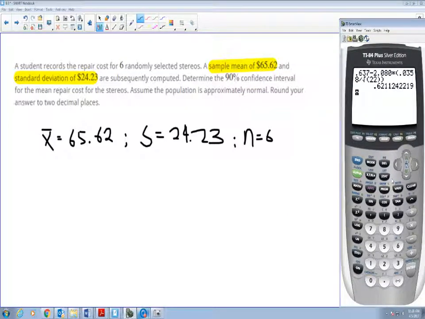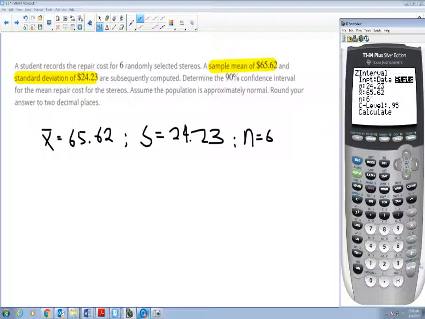Alright, so let's go back. STAT, TESTS. Watch this, I'm going to do this wrong. If I pick the wrong interval, the first thing I do, the standard deviation, which is 24.23, mean 65.62, enter.